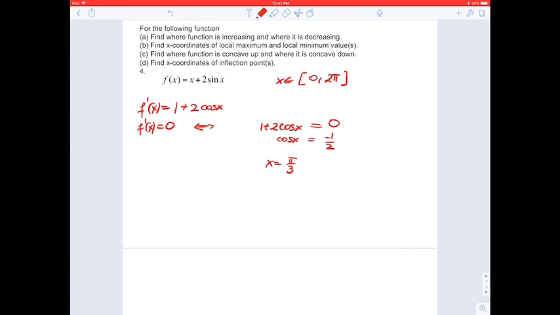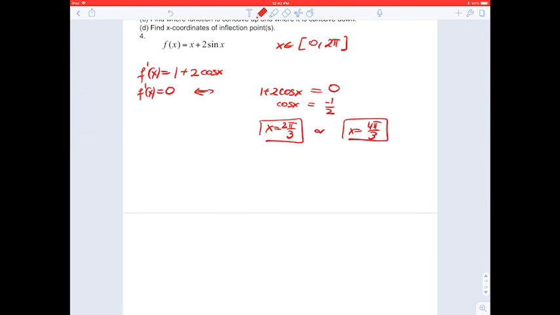Cosine for pi over 3 is half, but we need a solution from the second quadrant and the third quadrant since cosine is negative. That means 2 pi over 3, or 4 pi over 3. That's my critical points. Let's test them.